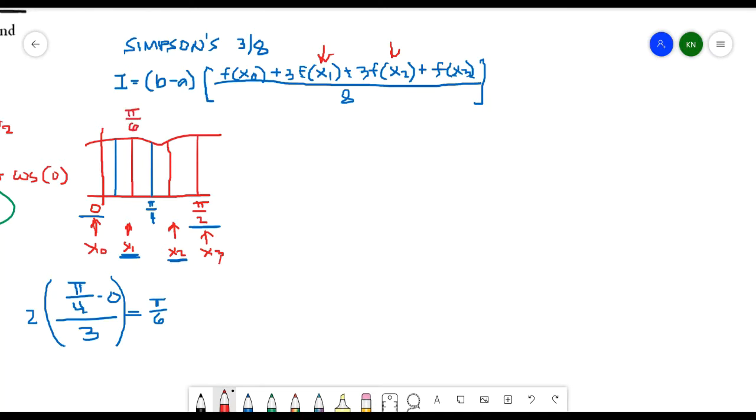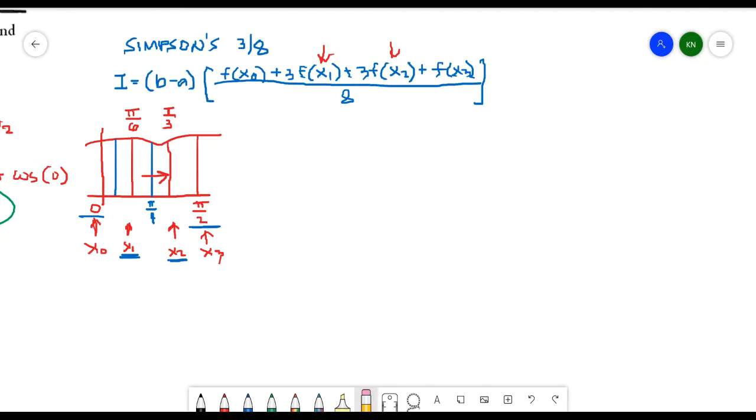And our x sub 2 is just this multiplied by 2, because as you can see there's one increment, you need to increment that by 2 in order to get the result of this one. So pi over 6 times 2 is just equivalent to pi over 3. So basically, we already got the values for our x sub 1 and our x sub 2.